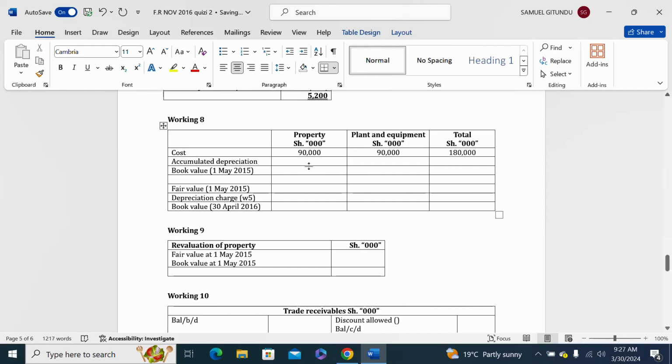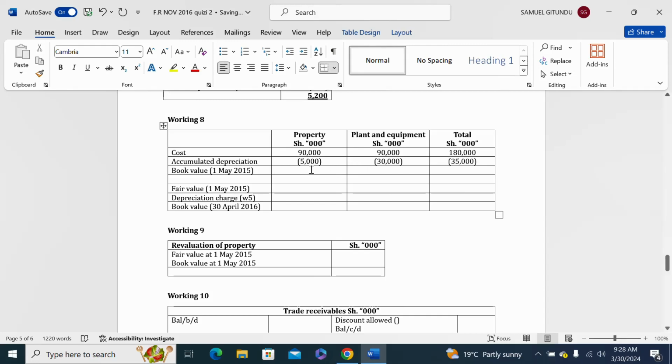The accumulated depreciation at the beginning is 5 million for property and 30 million for plant and equipment, so the total accumulated depreciation is 35 million.